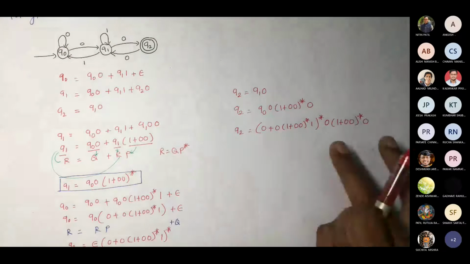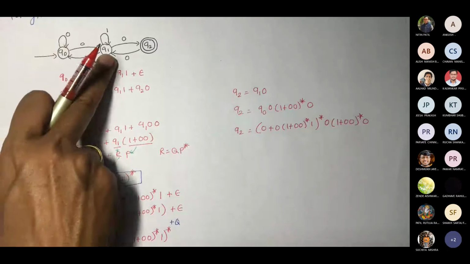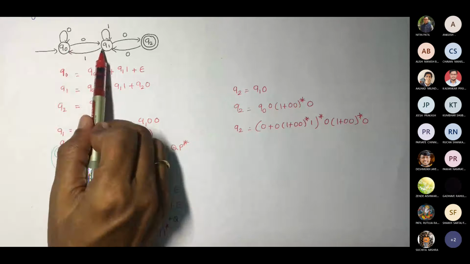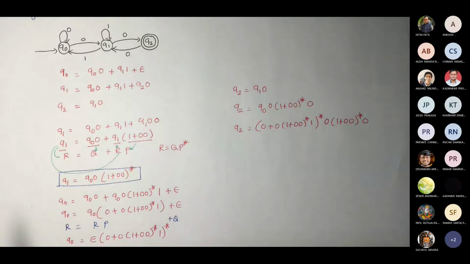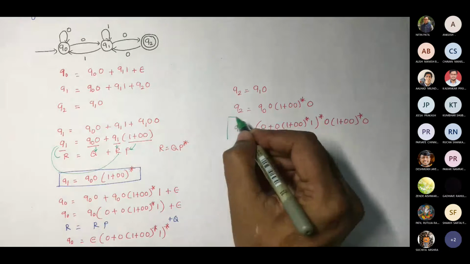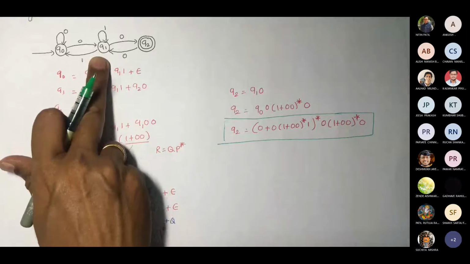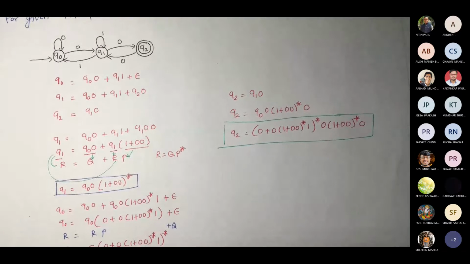Now how shall I go with this 0 0? I want that 0 0. So 0, this 0 1 0 0. See, 0 1 0 0. So this would be my final regular expression, the final solution for this particular diagram for the given FA.